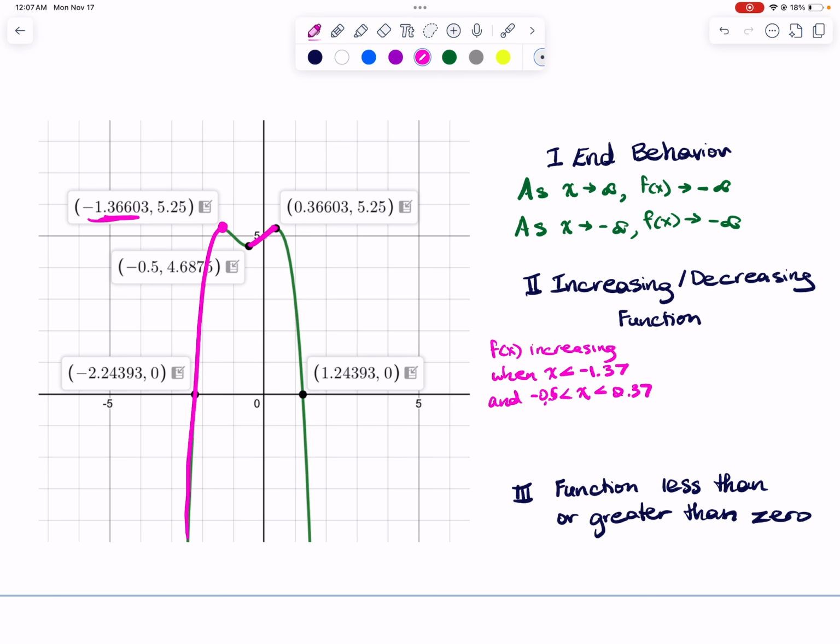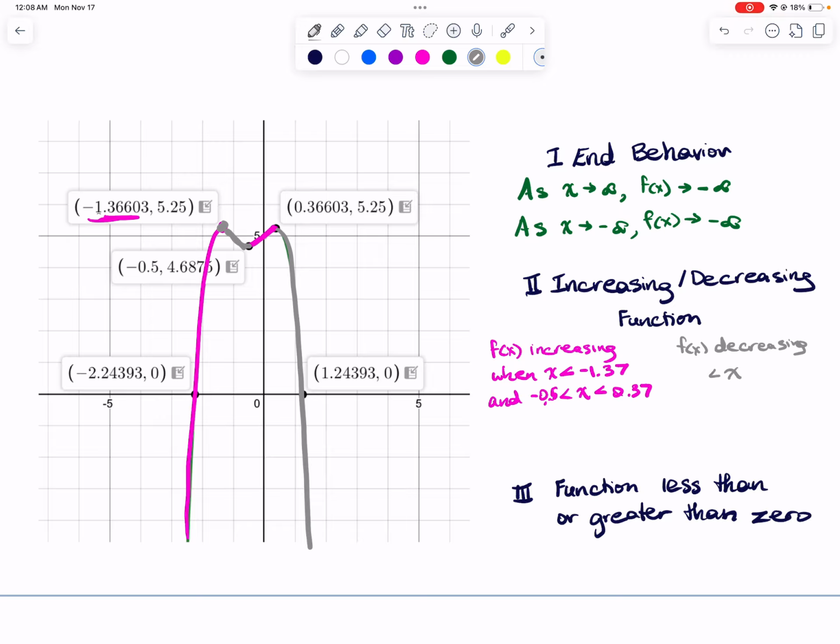So now we're going to be doing decreasing, which I will trace in gray. So the graph is decreasing here in gray, and it's also decreasing here. So f of x is decreasing between negative, so right here, between negative 1.37.